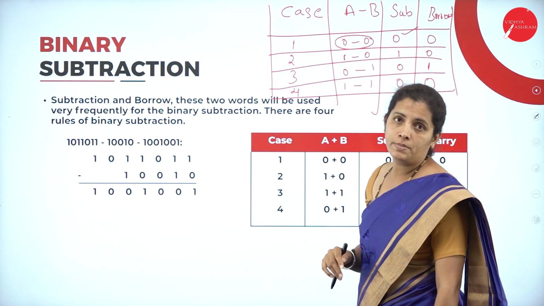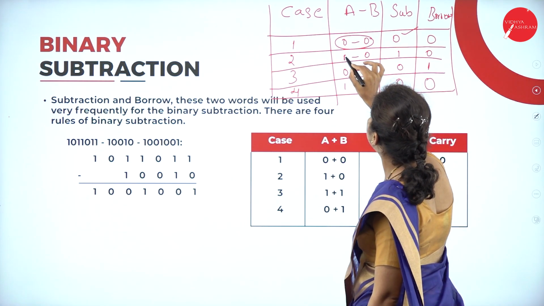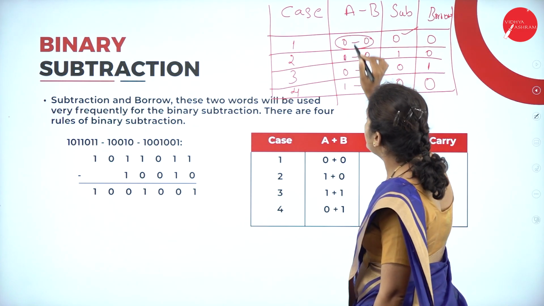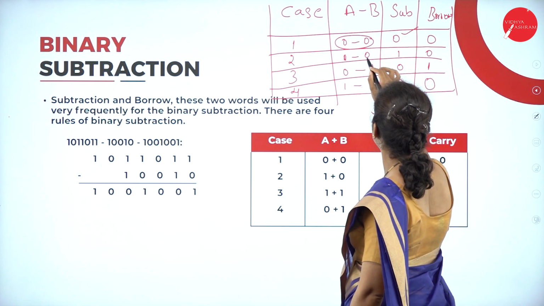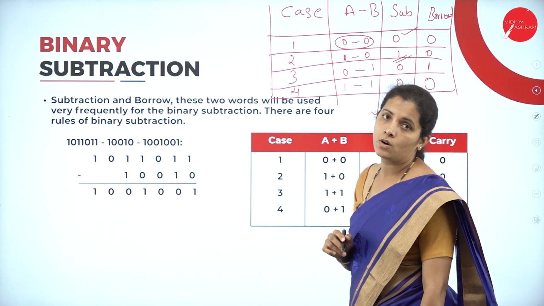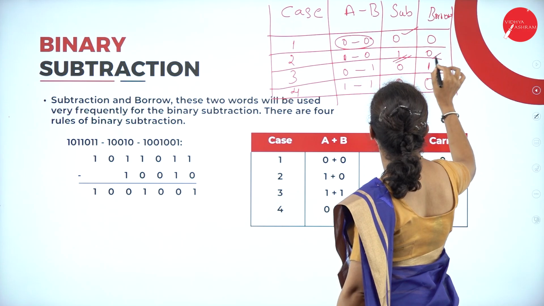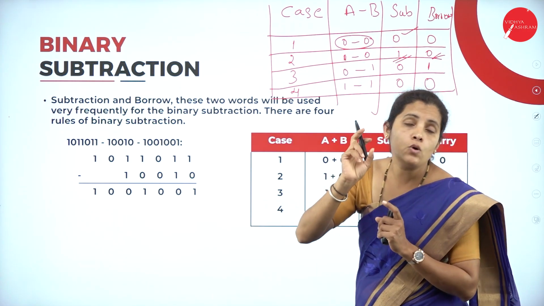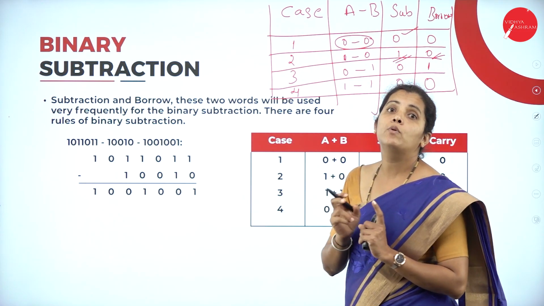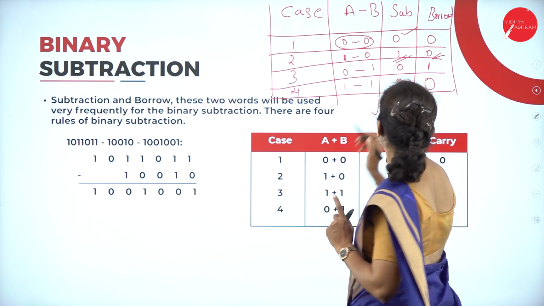The second possibility is if A is 1 and B is 0, that means 1 minus 0, subtraction is 1 and borrow is 0. Suppose I have 0 minus 1, then I want to borrow the value 1.